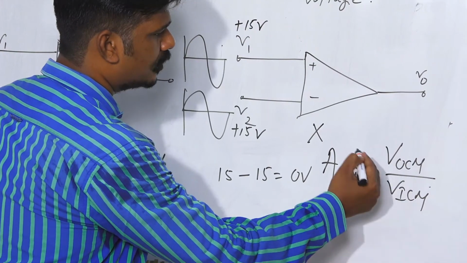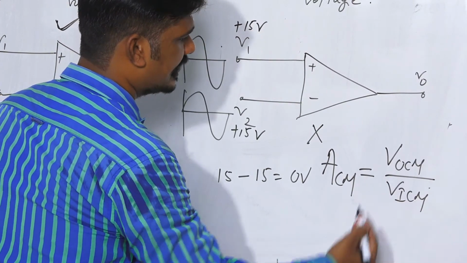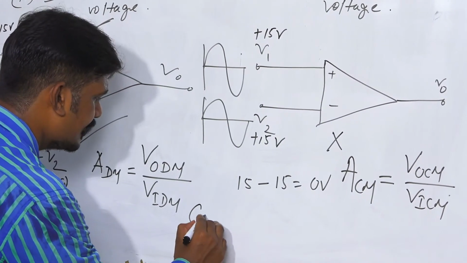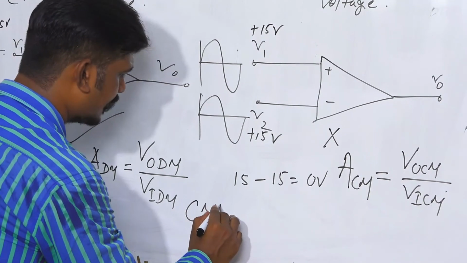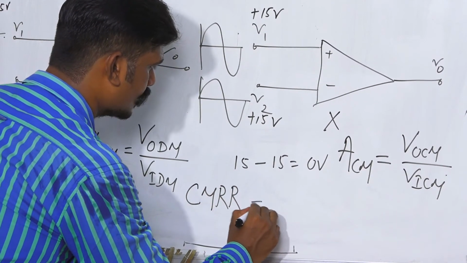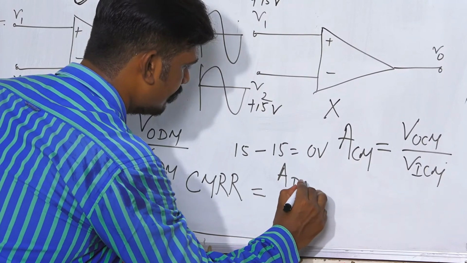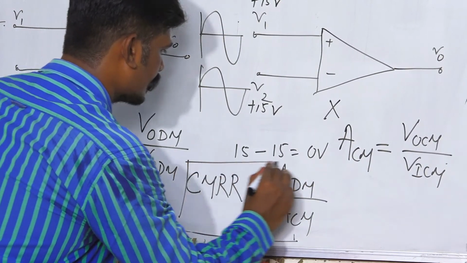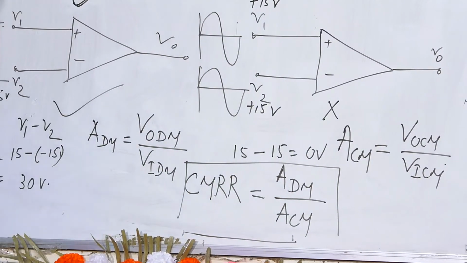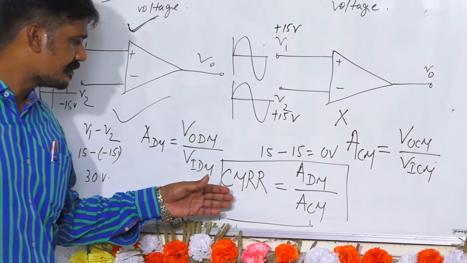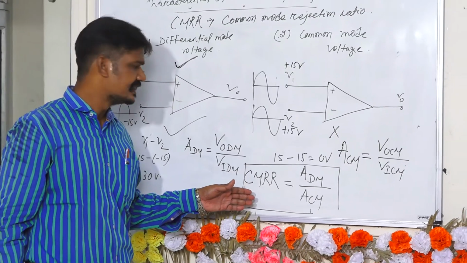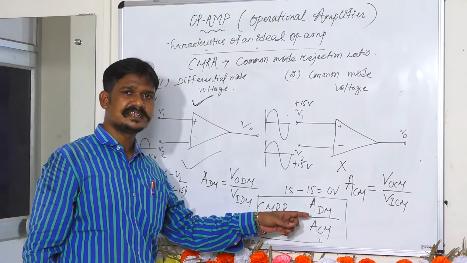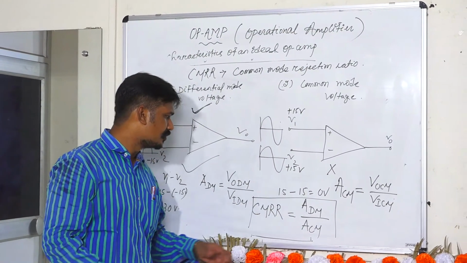Common mode output voltage divided by common mode input voltage. So finally we can write the formula for CMRR is equal to ADM divided by ACM. Or you can say CMRR is defined as the ratio of differential mode gain to the common mode gain.